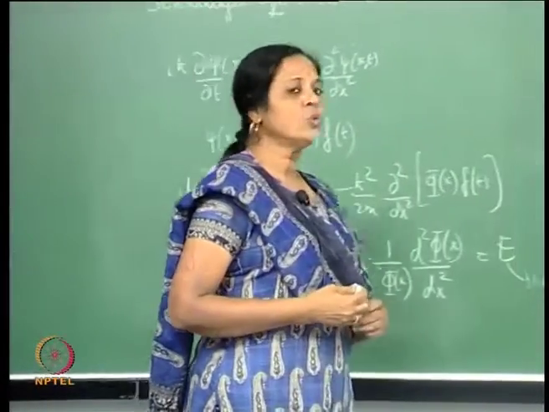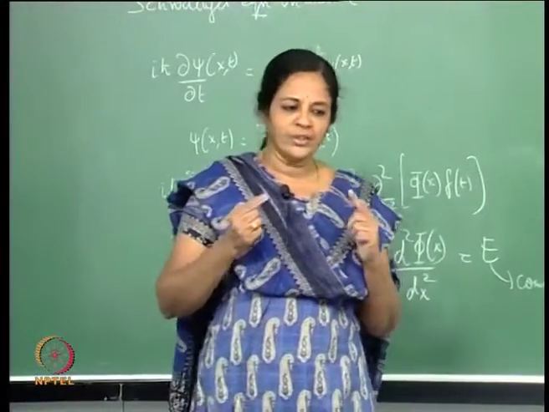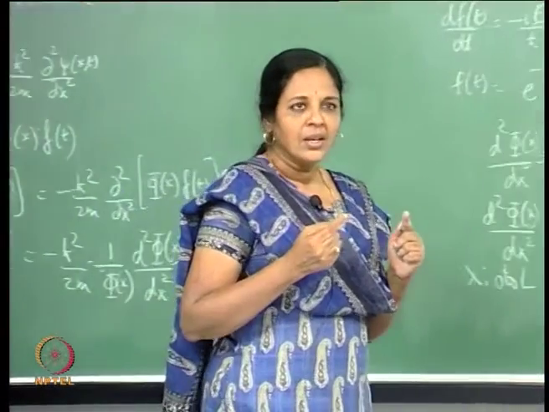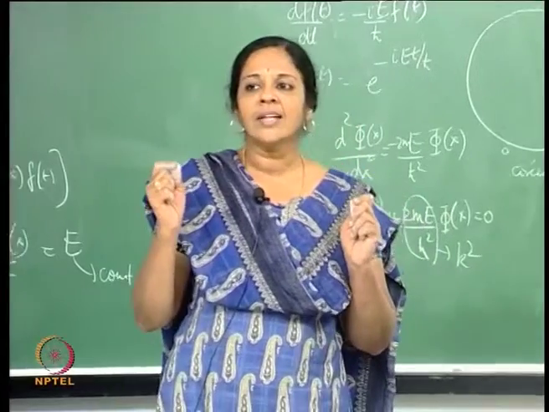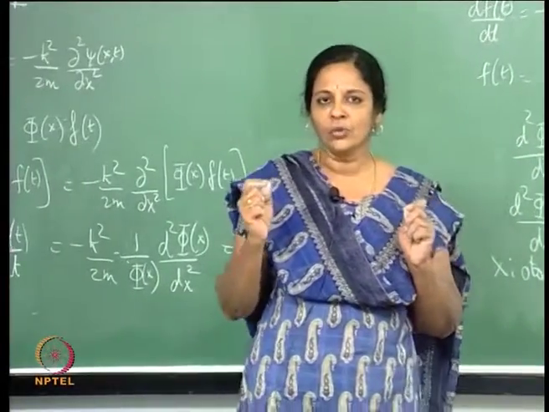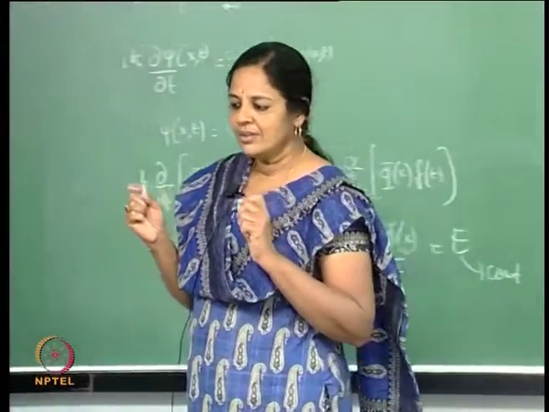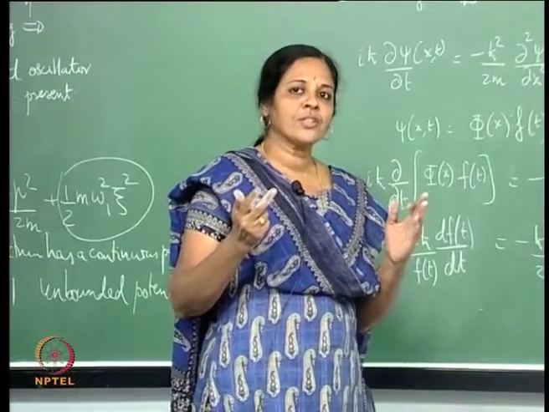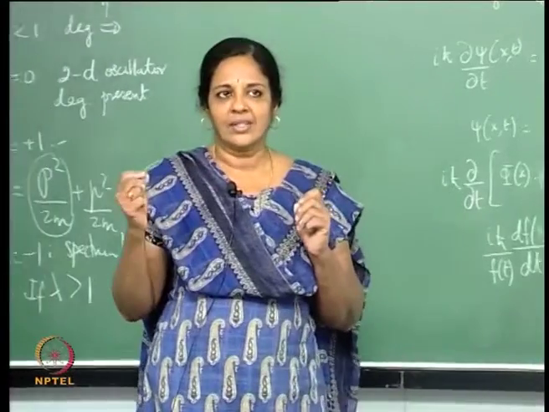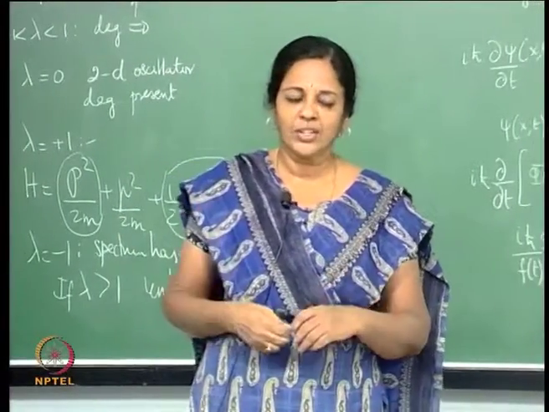Now, this is not new to you. You did this when, in a sense, when you did separation of variables in the problem of finding eigenvalues for the orbital angular momentum. And then you wrote the wave function as a function of r, theta and phi, spherical polar coordinates.